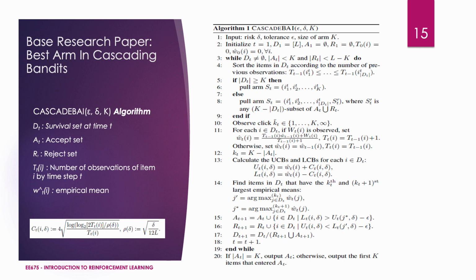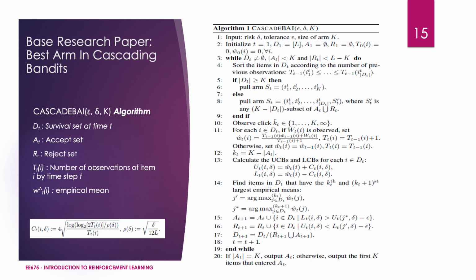If the number of items in Dt is greater than or equal to k, then we pull an arm At with k optimal items. Else we pull another arm At that consists of all the items of set Dt and an item set St, where St is any k minus |Dt| subset of the union of A and R. After that, we observe the click Kt.